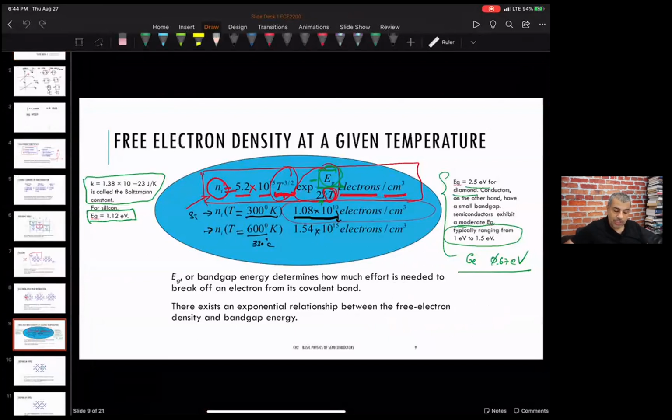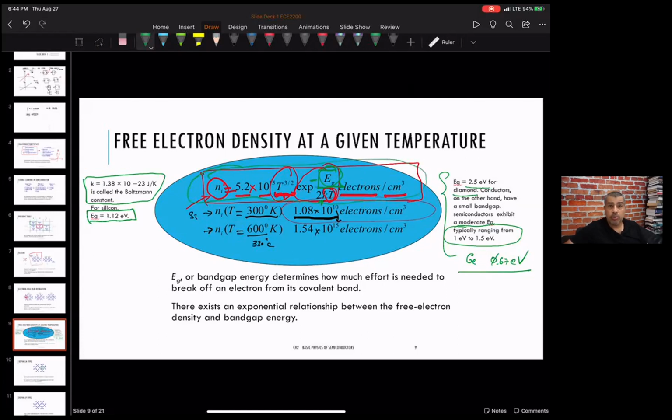And like I mentioned, this is a good number to remember, 1.08 times 10 to the 10th for ni at 300 degrees. But if you were going to come up with some other funky temperature, then you'd have to do this whole calculation of ni using this equation.